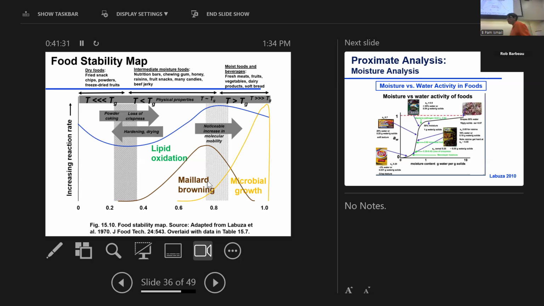Just to put things in perspective, think about when you have flour and you add water. What are you making? You're making a dough. How do you make the dough? You knead it, right? You're kneading and you're forming the dough. So what are you doing to the gluten? It's going from a glassy state to amorphous state.